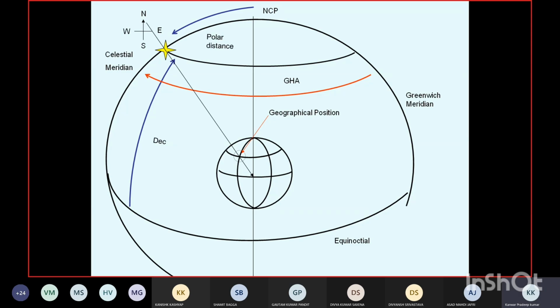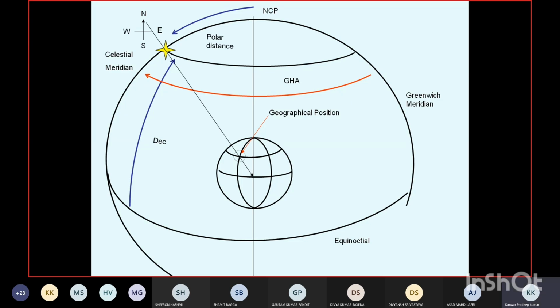What is 90 minus 70? 20, sir. So the polar distance we call 20 degrees. Polar distance means the distance of the body from the pole. So write down this relationship: polar distance is equal to 90 degrees minus declination.